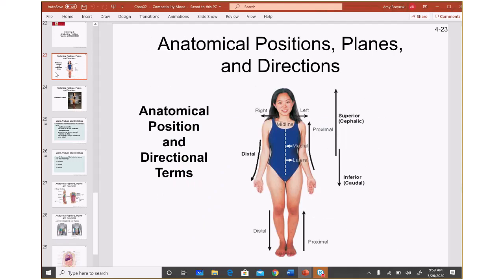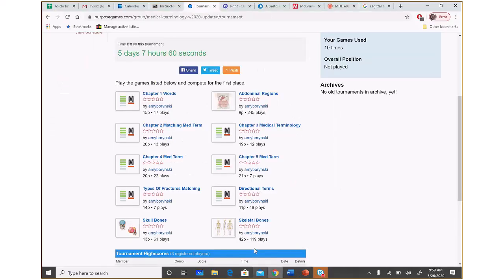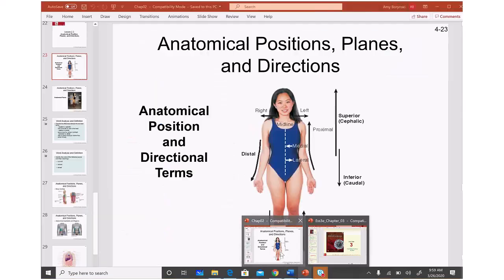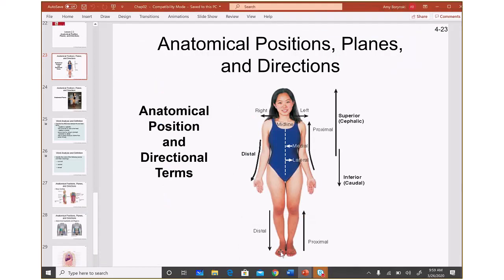The last thing, however, that you really, really have to know is what we call anatomical directions. And again, there's a purpose games for it. It's a matching. Of the biggest 2 things I would spend time with, it's those abdominal regions and directional terms, because this is stuff you will be doing every day for the rest of your life, putting it into your SOAP notes and reading it and looking at reports for it.